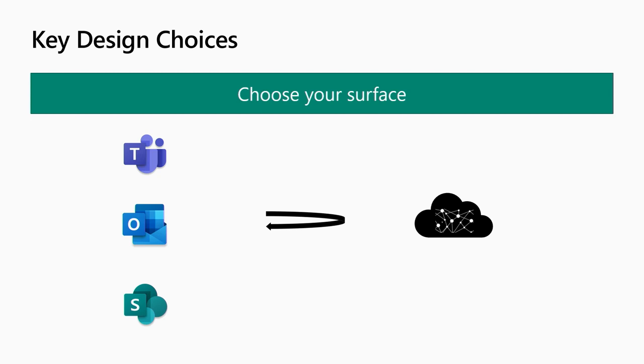Bots are really good for user-initiated conversation and multi-step interactions where you want to provide some information and collect some information. Tabs are good for visual displays, much like SharePoint. SharePoint is another great example. It's a great place if you want to create lists or documents and then have links out to those documents and share them with other people. So the different surfaces have different values and fit into the ecosystem in different ways.